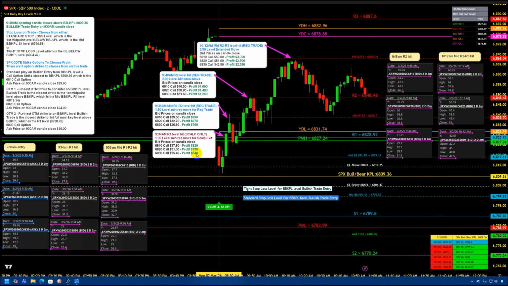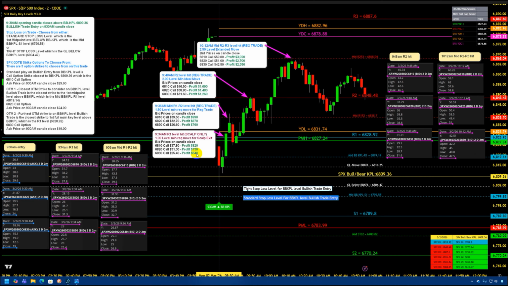The other type of trade that you could do with the daily key level strategy is called a regular trade. A regular trade is a 1.5 level minimum required move in your favor for you to either exit the trade or choose one of several different options, depending upon how many contracts you're trading.